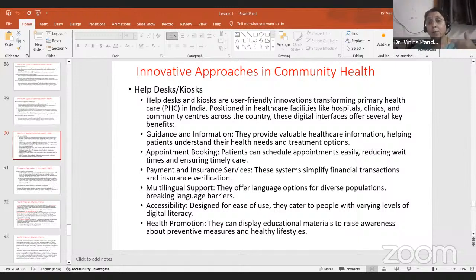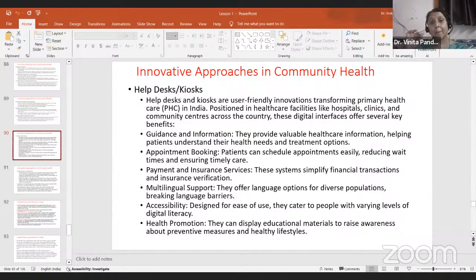So, if you are becoming familiar with AI, AI can be used in multiple fields of education, healthcare, environment, voting, so many areas.